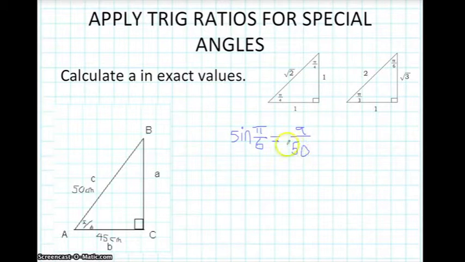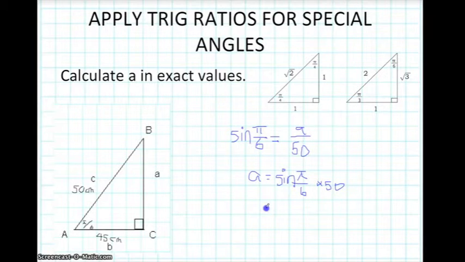So if you times both sides by 50, you'll get A. So A is equal to sine pi over 6 times 50.